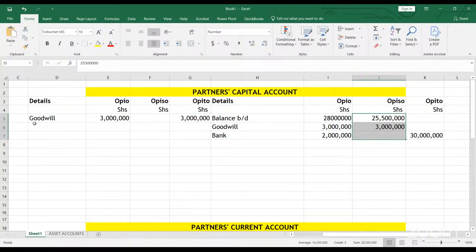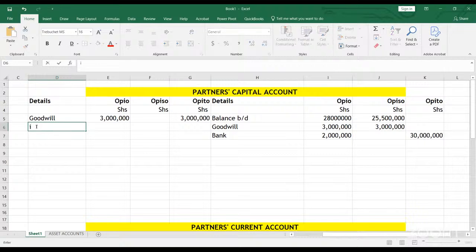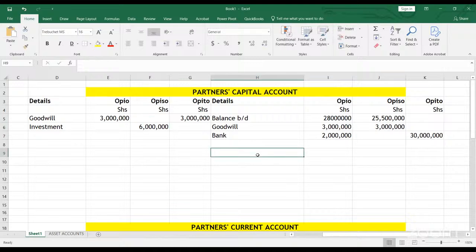They are telling us that we are going to give him the investments. So we debit the capital account with investments because he's taking them as part of the payment, reducing his capital account by 6M.